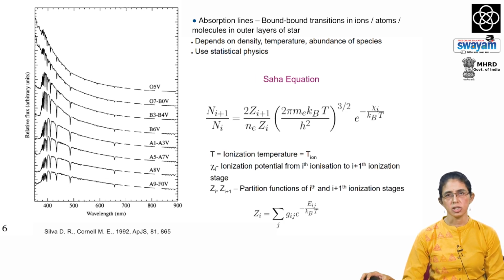The Saha equation relates the number of atoms in different ionization stages. One can see that this relation also incorporates the partition functions of the two ionization stages and the ionization potential from one ionization stage to the next. The temperature defined in this way is known as the ionization temperature.